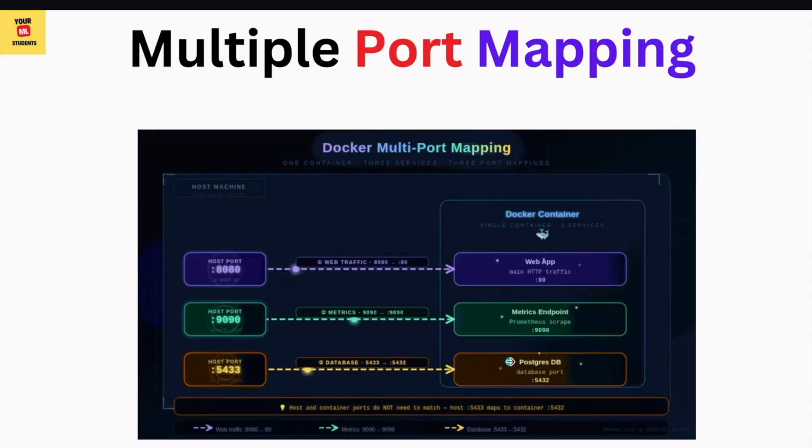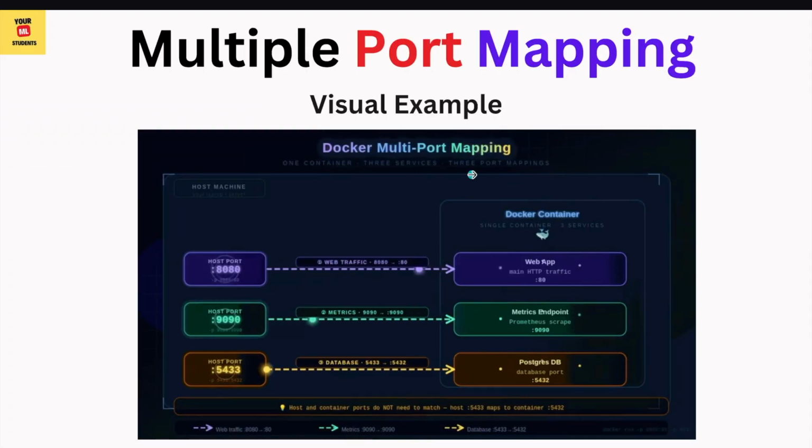Now, the same thing I am showing here with the visualization. You can see 8080 is the host port, it is connecting with the 80 web app. You can see 1990 host port connecting with 1990 endpoint. Again 5433 host port connecting with 5432. Let's say you have 3 containers like this: one container is listening to 80 port, one container is listening to 1990 port, and one container is listening to 5432.